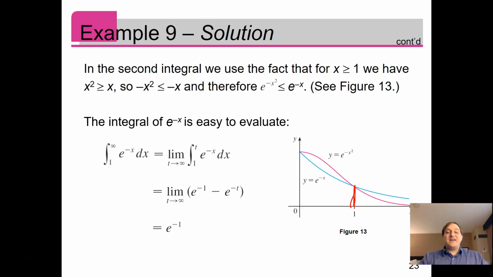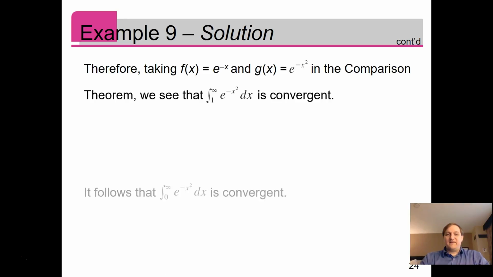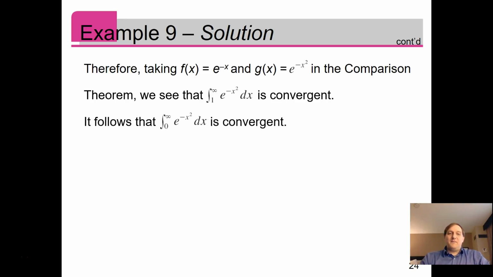My conclusion then is, by the comparison theorem, since the higher one converged, the lower one must also converge. Okay? So the integral from 1 to infinity of e to the negative x squared dx is convergent. And therefore, since from 0 to 1 we're just adding on a little extra, it follows that the integral from 0 to infinity of e to the negative x squared dx is convergent.